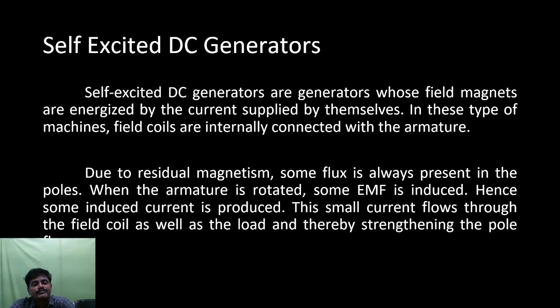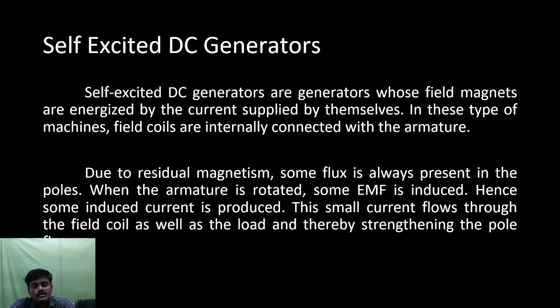Then, according to the types of excitation, the next generator is the self-excited DC generator. Self-excited DC generators are the generators whose field magnets are energized by current supplied by themselves.